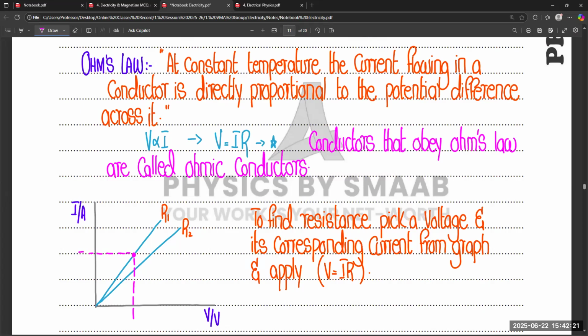So for all the conductors that obey Ohm's law, when their voltage is directly proportional to the electric current, that will give you the same result. But for non-ohmic conductors, we have different categories.